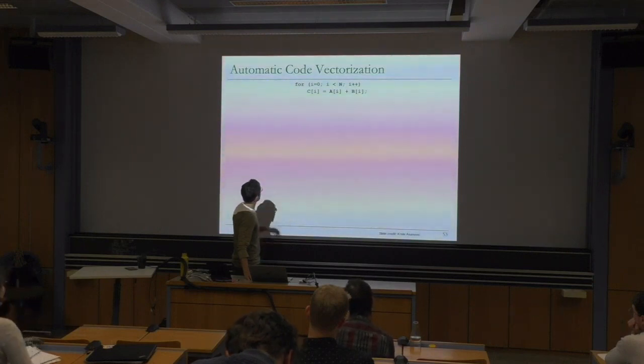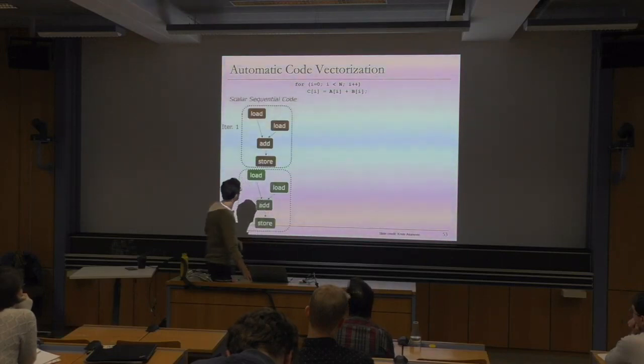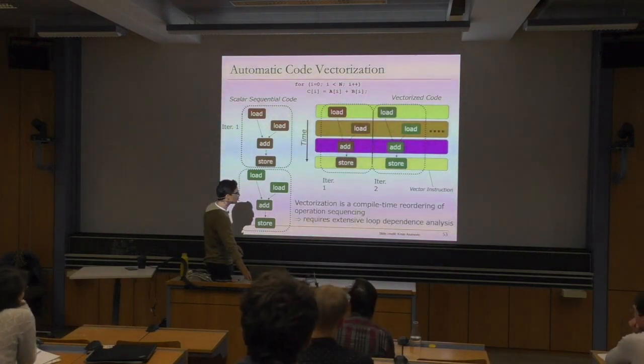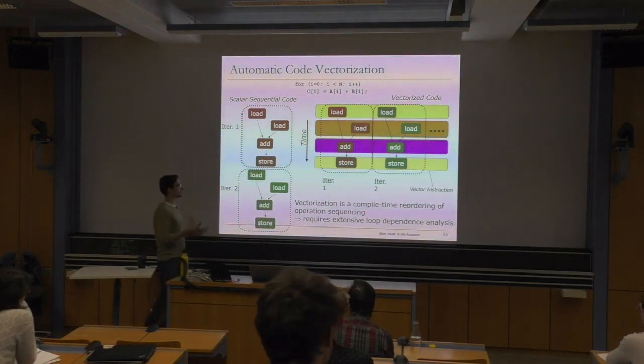To do that, we need to vectorize our code. In principle, we were saying that writing vector code is difficult, right? And because it's difficult, compilers have been trying to do this automatically for a long time. So, what a compiler needs to do if we want to vectorize code automatically is some loop dependence analysis.